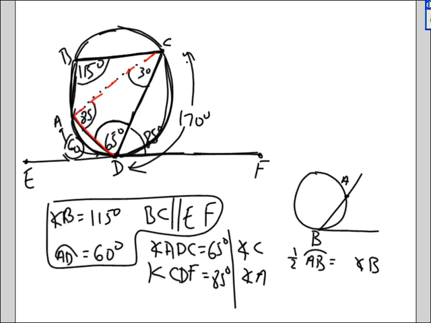Because this angle cuts off that arc, which is 170 degrees, it must be half of that. Now, let's see what we know. Okay. Since this angle is 65 degrees, the arc that it cuts off must be twice it.